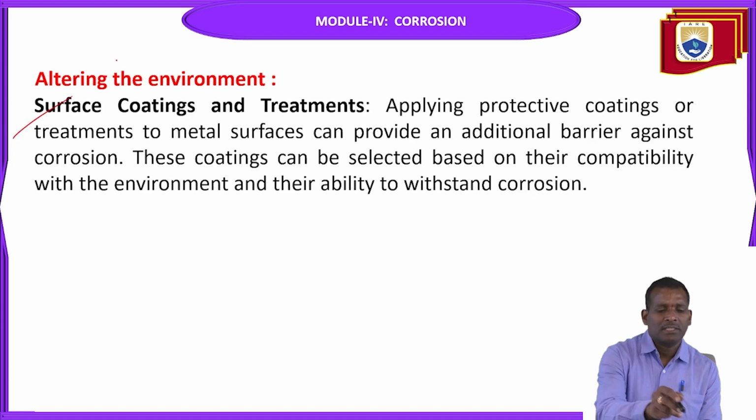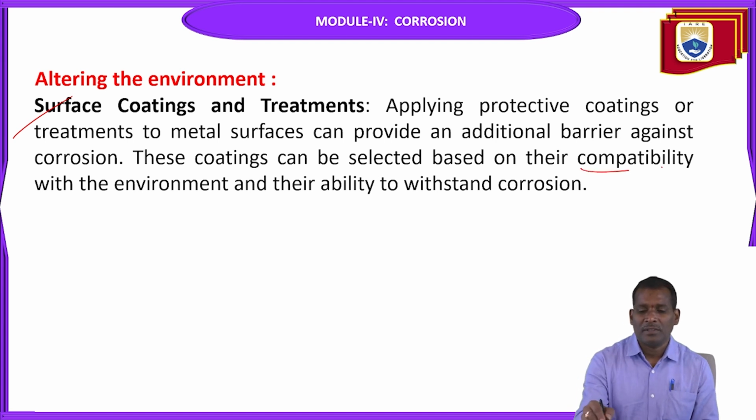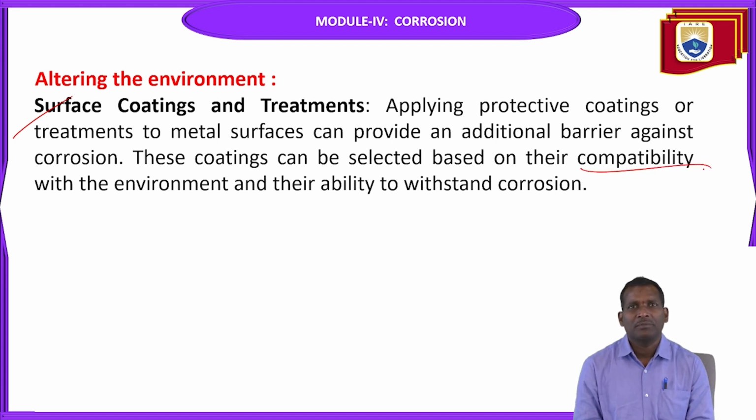Next, surface coatings and treatments. Applying protective coatings or treatments to metal surfaces can provide an additional barrier against corrosion. These surface coatings and treatments are selected based on their compatibility with the environment. That's why in material selection, the compatibility factor is very important.